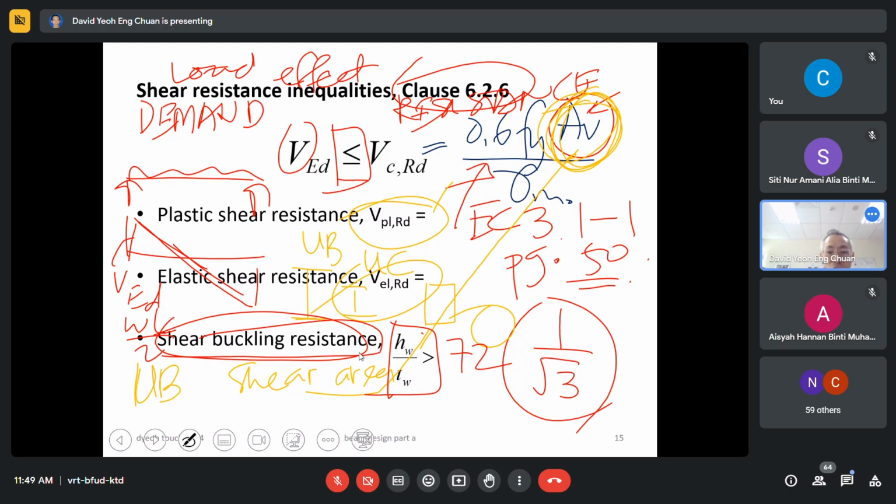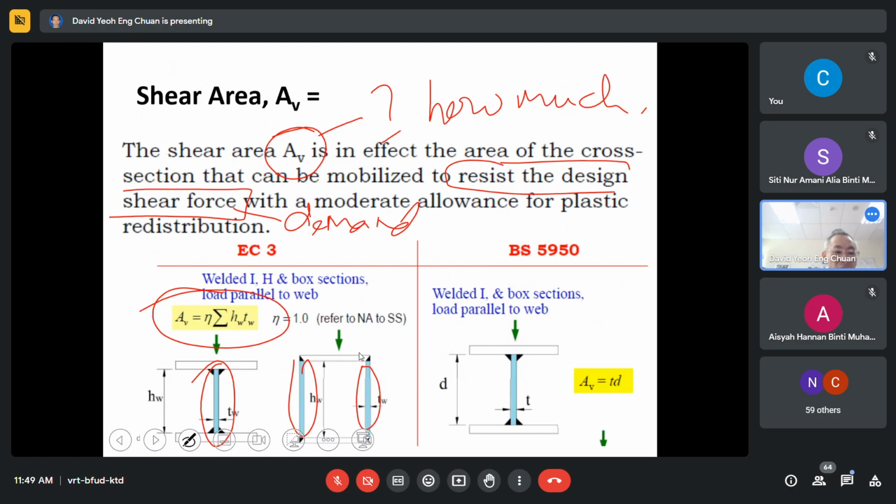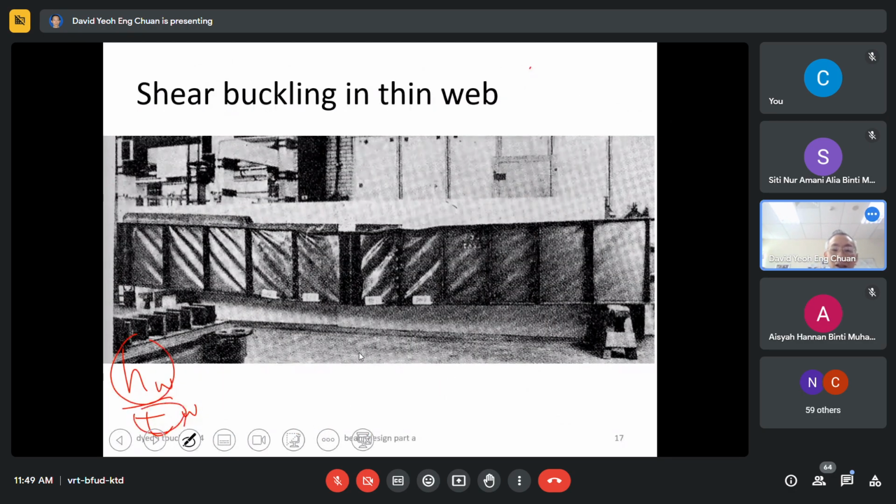Take a look. H over T means it's very high. That's your H, very high. Now, HW is actually after the radius, and this one is the radius. So H over T is actually here, to be exact. If it is very high, divided by very thin web, you get more than 72.